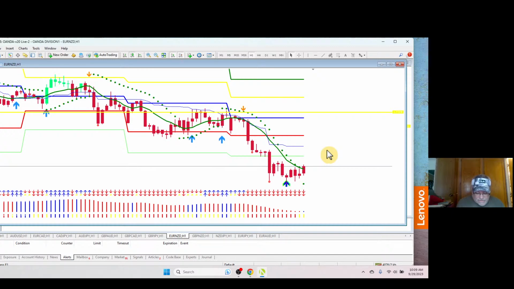And the New Zealand yen was a short, and it was a half a position, and it hit profit target 25 points, which normally would be 40. And that's a $12.50 profit. And then Euro New Zealand is going to make money too. So I'm going to make money today.